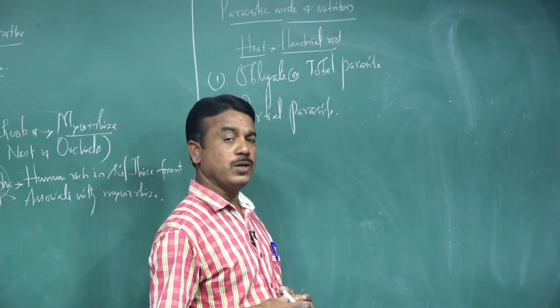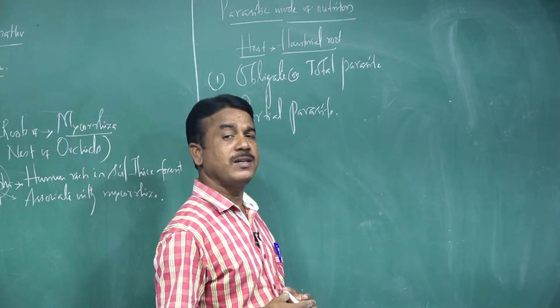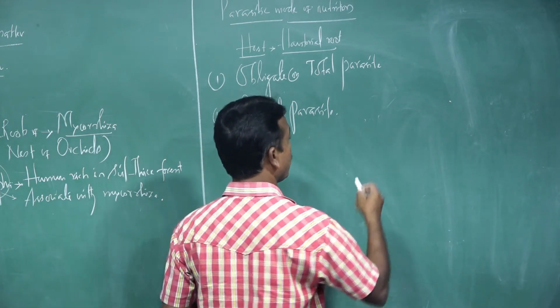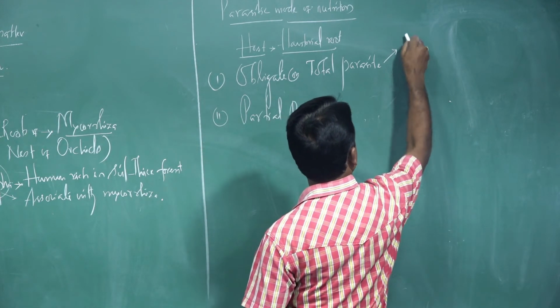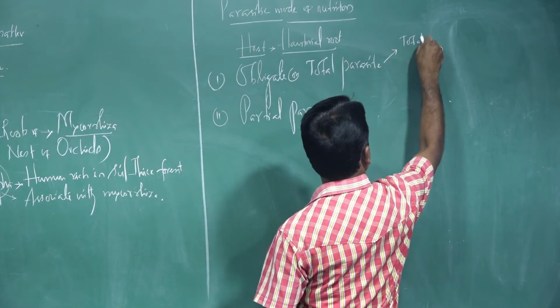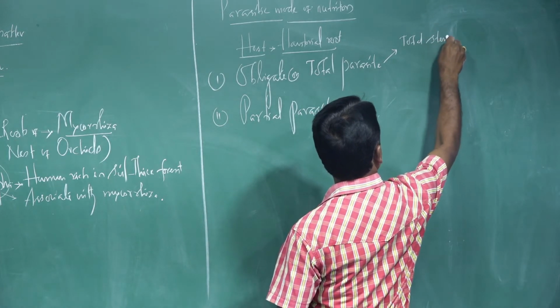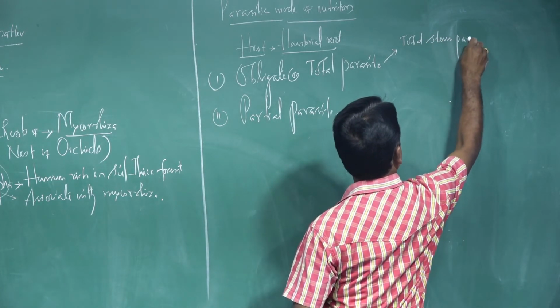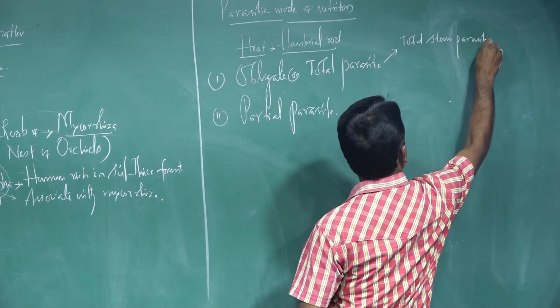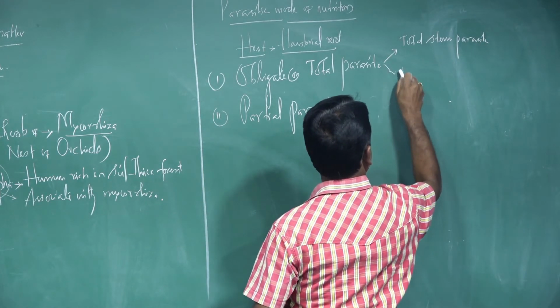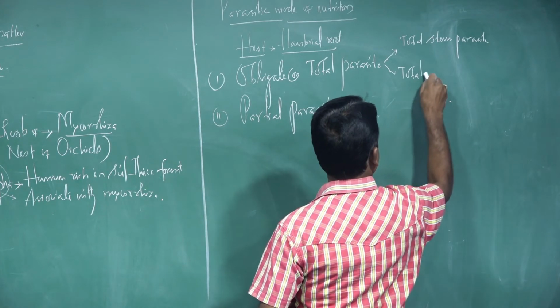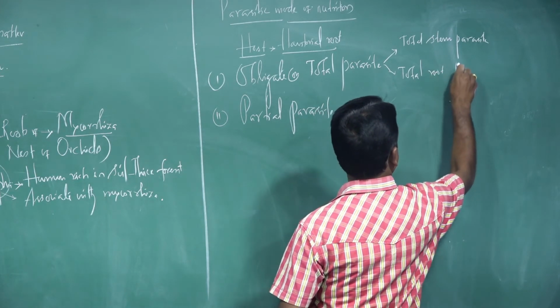Based on the nature, the total parasite can be further classified into two types: total stem parasite and total root parasite.